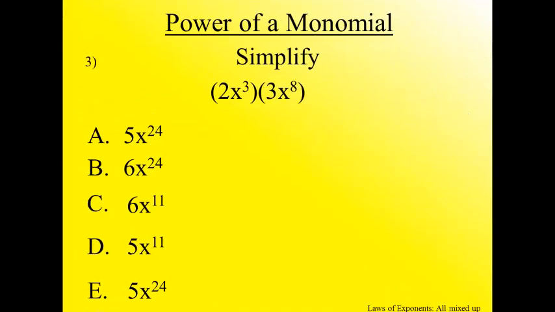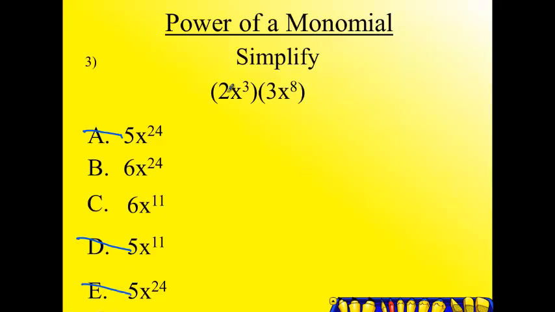Example number 3. So I have here a monomial times a monomial. We just need to multiply the two coefficients first. So 2 times 3. I hope that you will not choose 5. Okay, so we can cross out 5, cross this one out, cross this one out.